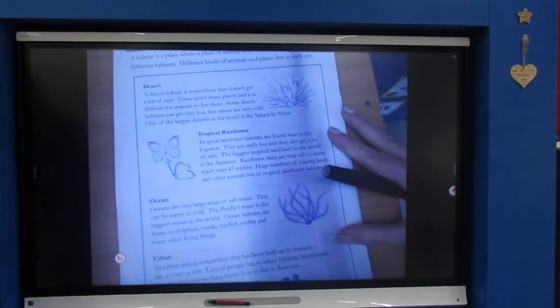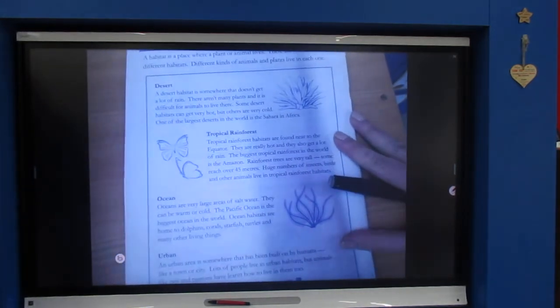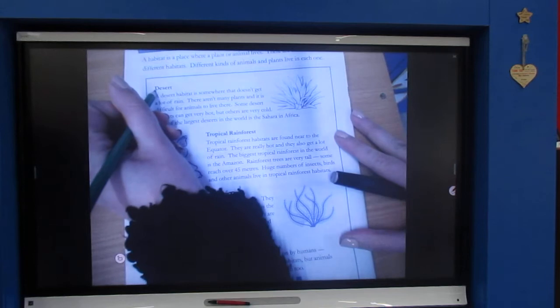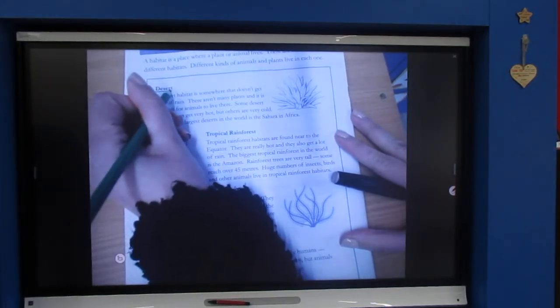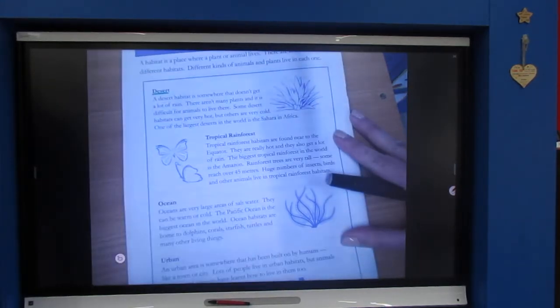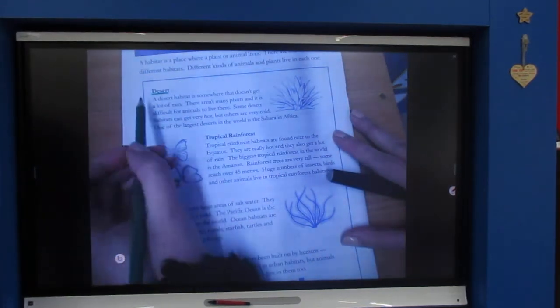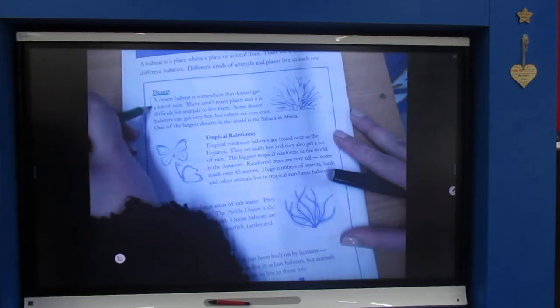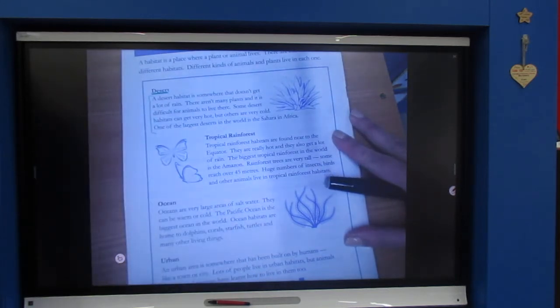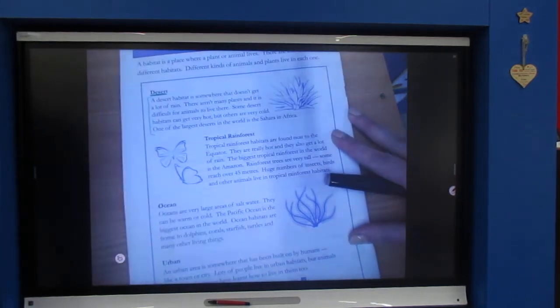So I can see here that I have a subheading, and I'm going to underline that in my coloured pen. And this subheading is the word desert. So I know that all of this text now is going to be about the desert.